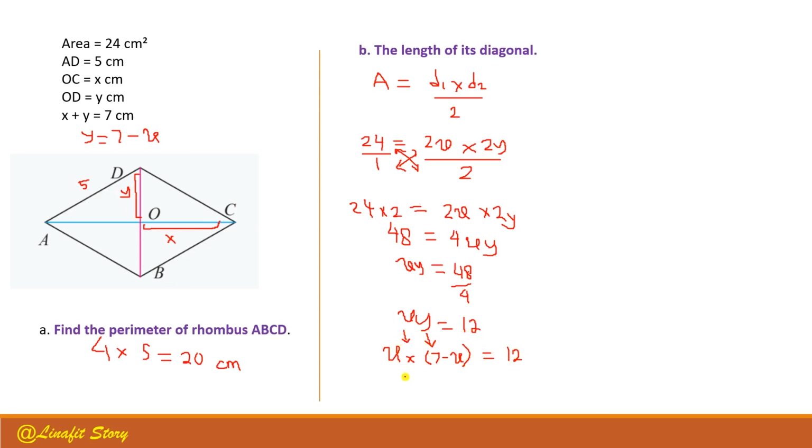Expand. x times 7 is 7x. x times negative x is negative x squared, is equal to 12. Then we multiply them all with negative.